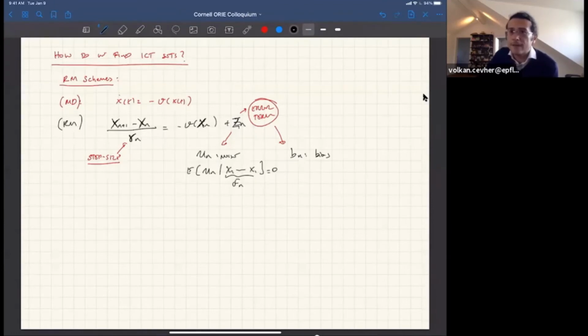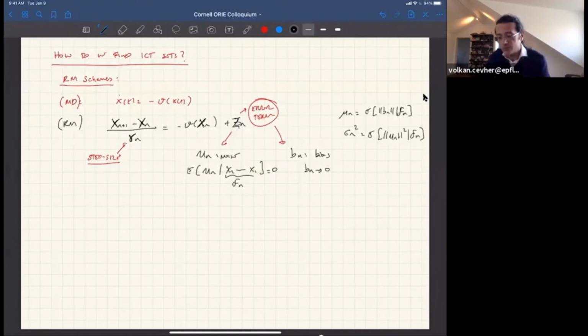For the bias term, in the end, we're going to end up assuming that this goes to 0. I'm going to define two more auxiliary variables. So this mu n, which is the expected value of Bn given the filtration, and then sigma n squared, which is the expected Un squared given the filtration.